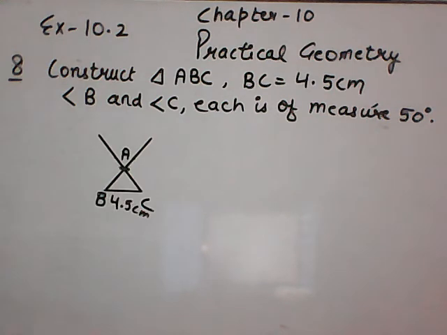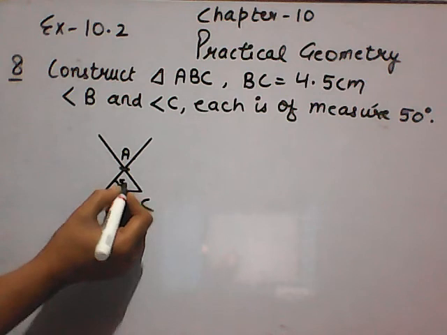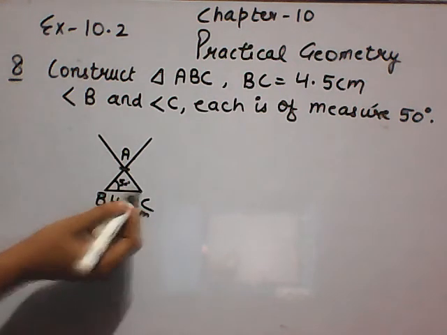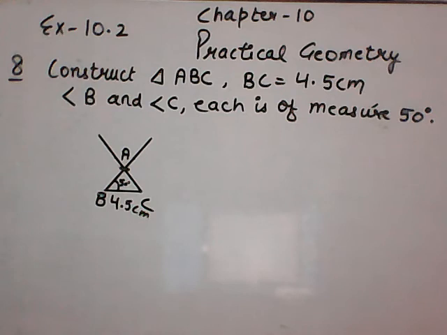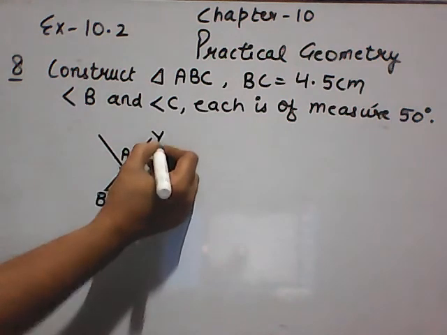Now it is the construction of triangle ABC. You have to write down the steps of construction. First step is draw line segment BC of 4.5 centimeter. At B, with the help of protector, draw an angle B, 50-degree angle.